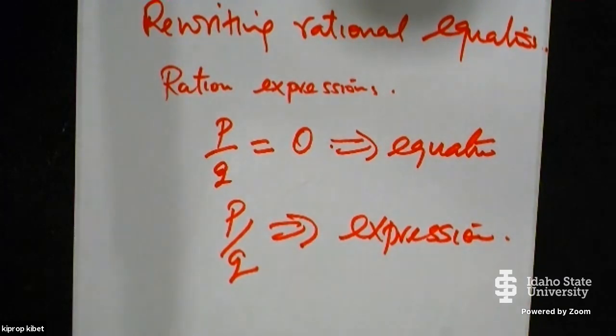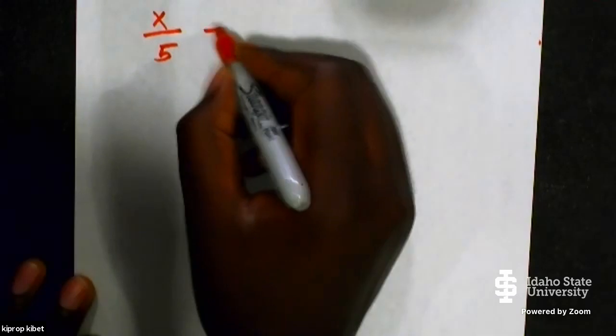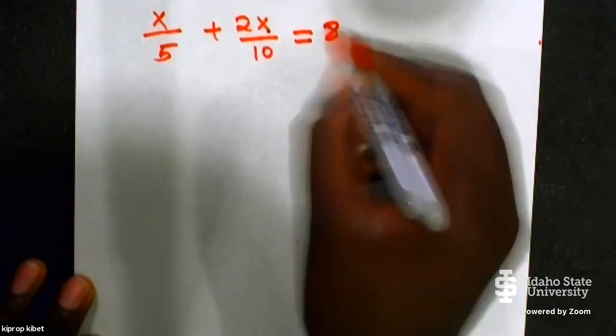Now, how do we solve the rational equations? For example, if you have an example here, solve x all over 5 plus 2x all over 10 equals to 8 all over 5.